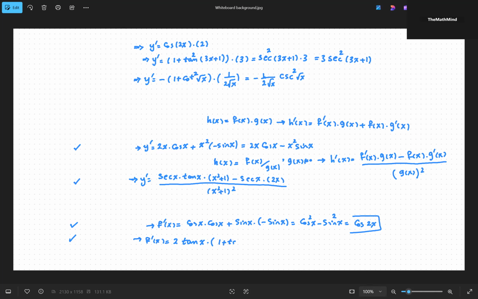So it's going to be 1 plus tan squared x, and then times u prime. So u is x here, the derivative of x will be 1. If you just distribute tan x over each term in the bracket, you're going to have 2 tan x plus 2 tan x to the power of 3.